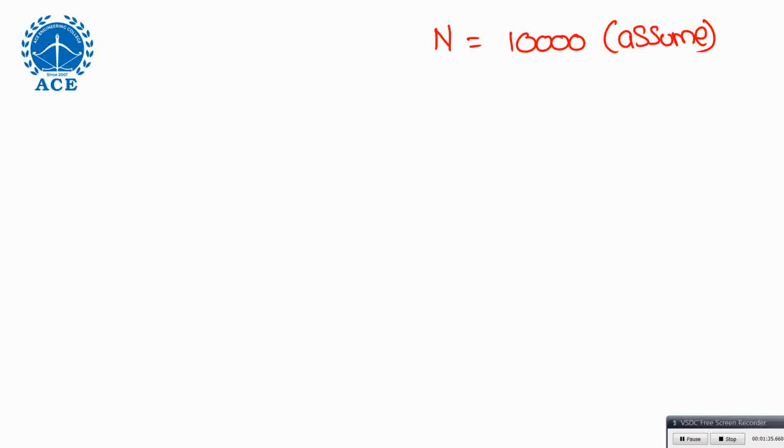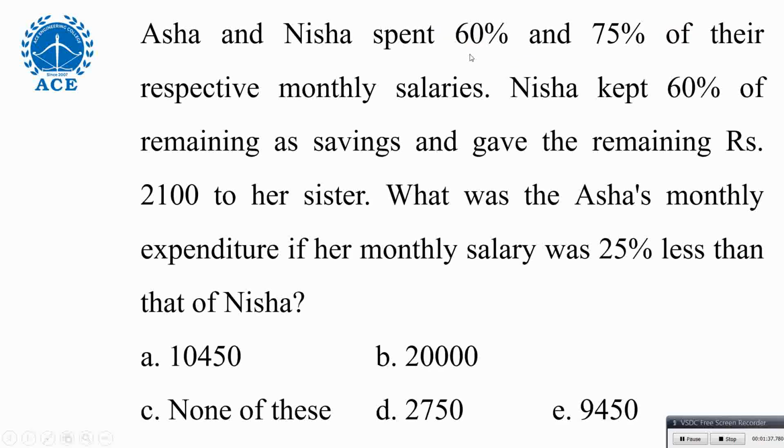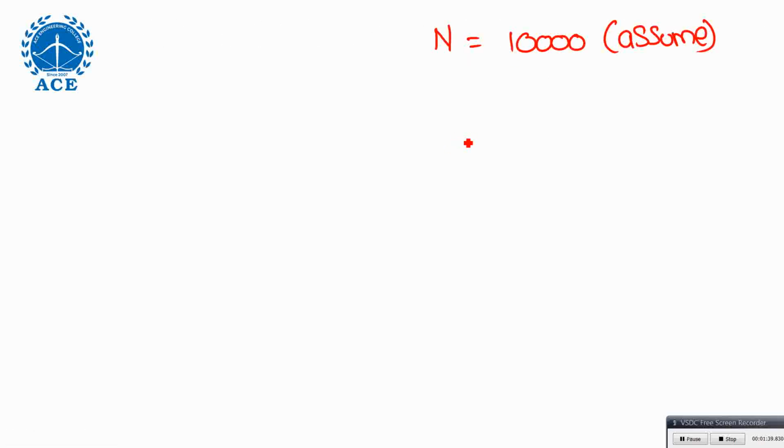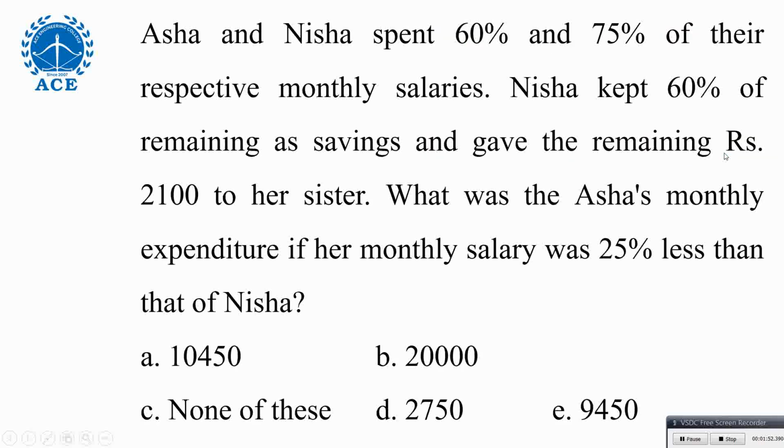If Nisha's salary is 10,000, how much did she spend? 75%, so 7,500 is gone. What is left is 2,500. Now read the next line carefully: Nisha kept 60% of the remaining as savings.